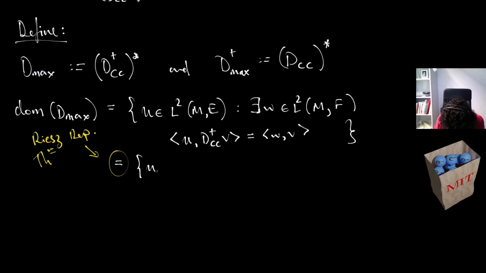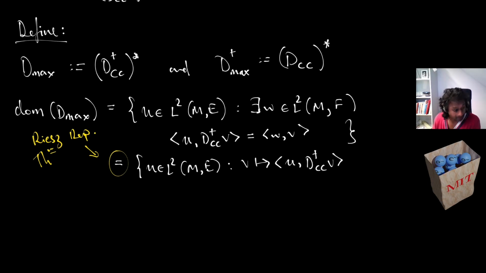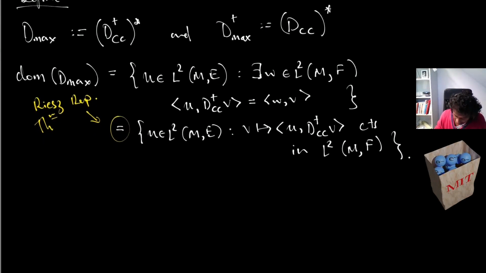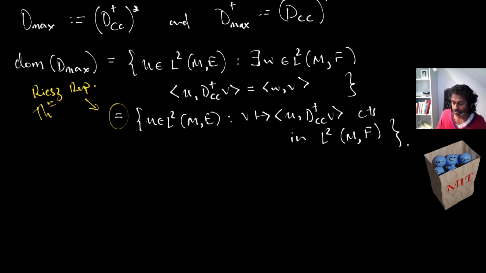This is exactly the u in L2(M, E) such that the map v mapping to the inner product of u with d formal adjoint v is continuous in L2 of M, F. So this is really a functional now, a functional in L2(M, F). Again, we have an equality here.